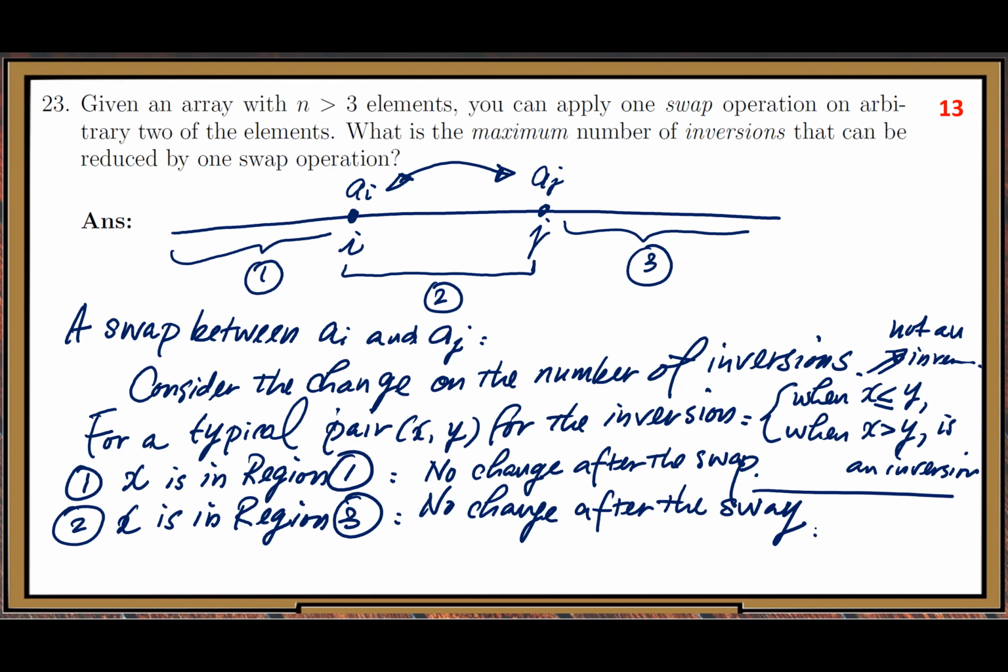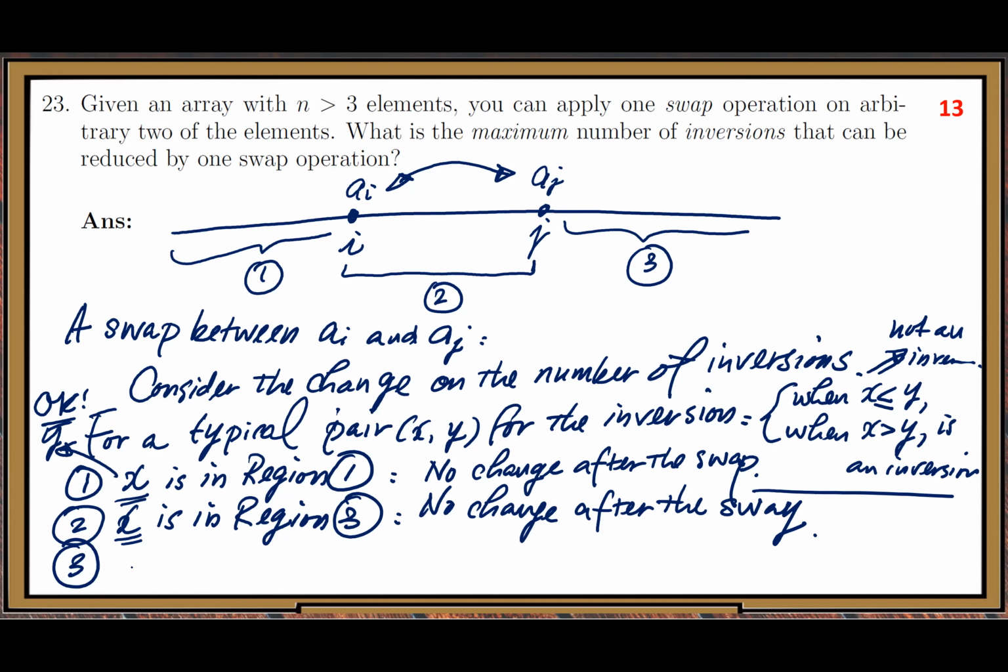Here you may argue why we consider X and not Y. Actually, Y is also okay. If you replace X by Y, also okay. So then our last observation, the critical observation, that's why it's important.